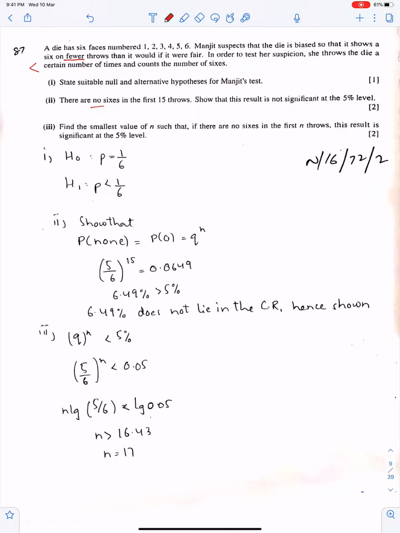Whenever it says not significant, that means the probability of the test value must be greater than this percentage.